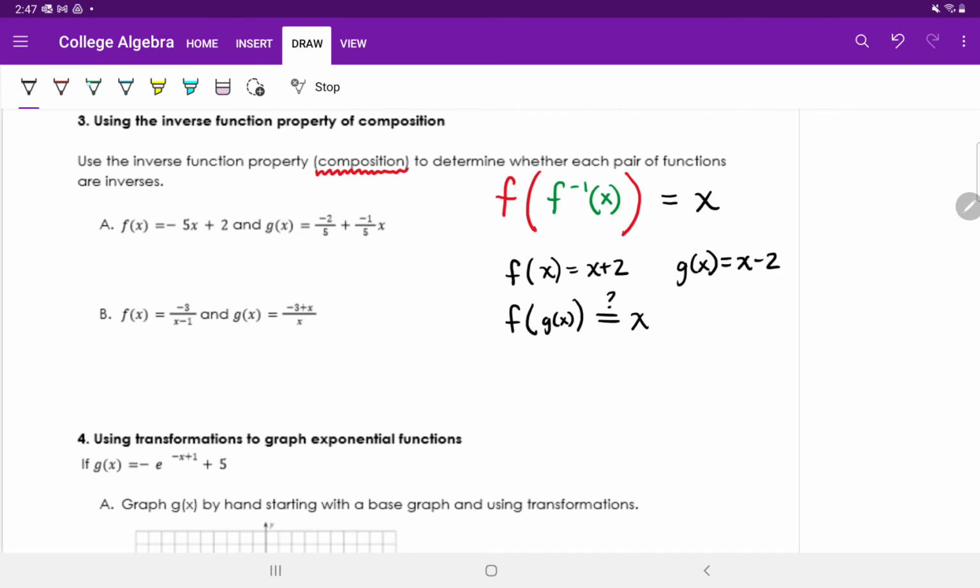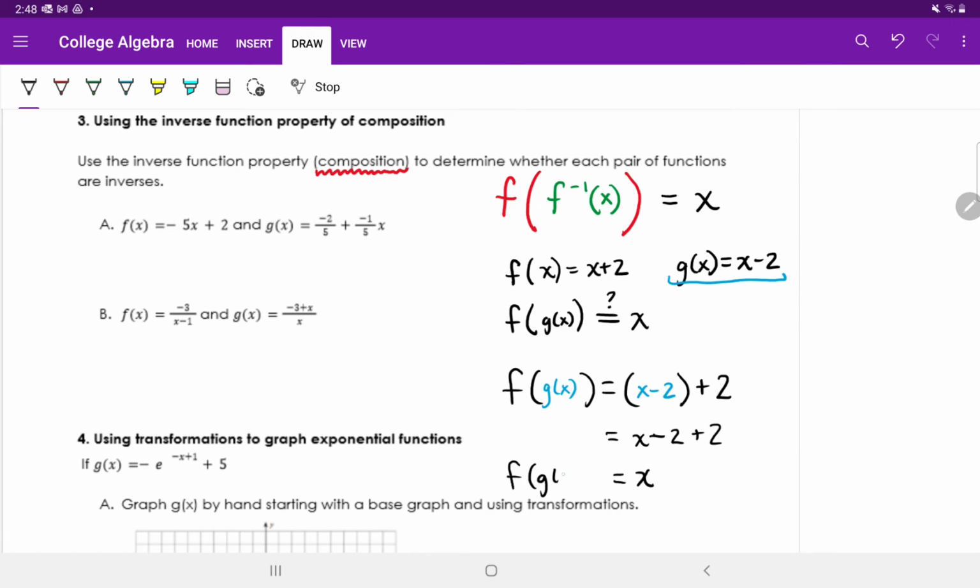So let's test it. We will take f of blank, which gives us blank plus 2. And inside that blank, I'm going to put g of x, which is x minus 2. And then if we simplify this, we get x minus 2 plus 2, which is just x. So f of g of x is equal to x. That makes f and g inverses.